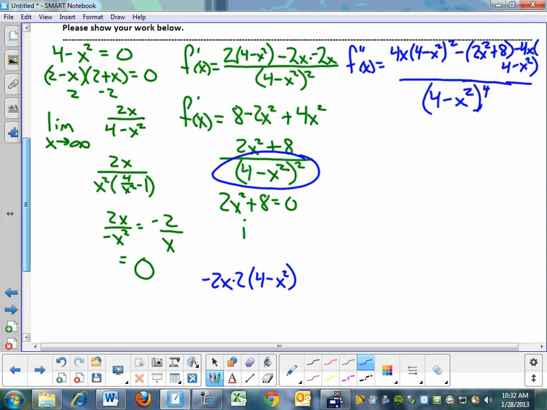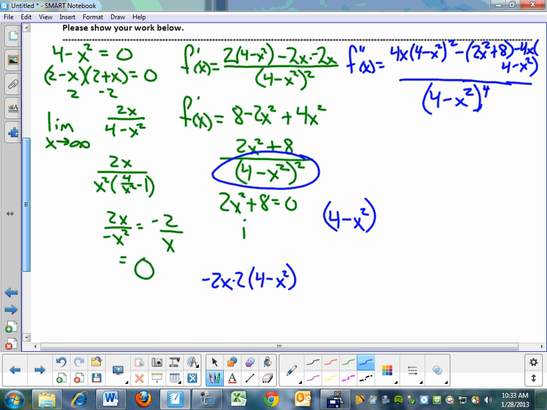Derek sees something very helpful right away, you guys. This has a 4 minus x squared, correct? This also has a 4 minus x squared, correct? And I have a 4 minus x squared in the denominator, correct? So let's factor out a 4 minus x squared and get one to cancel so we can get rid of it. On the top, I will list that as 4 minus x squared.